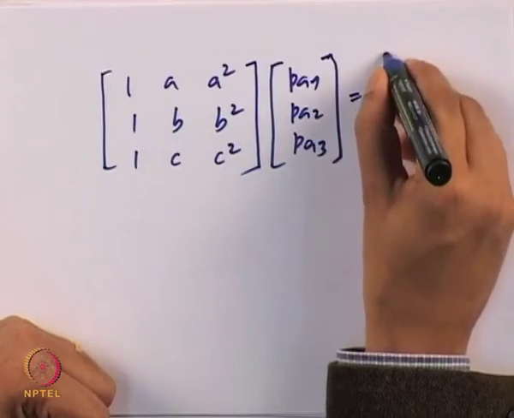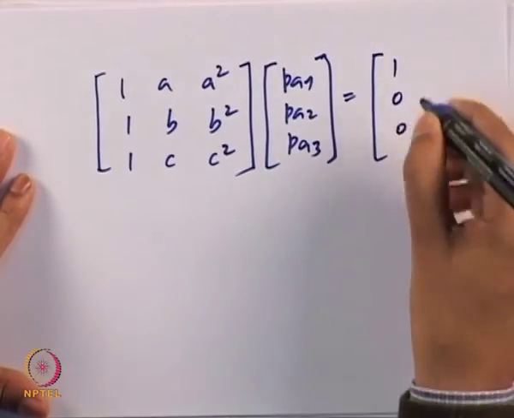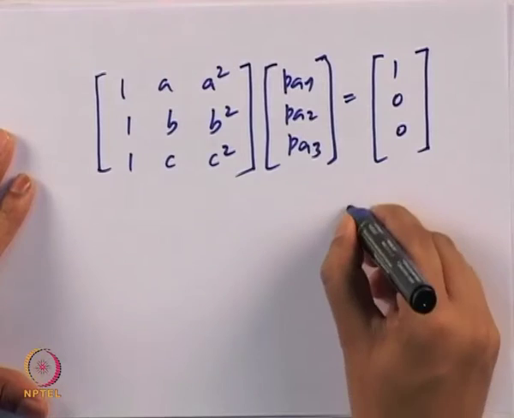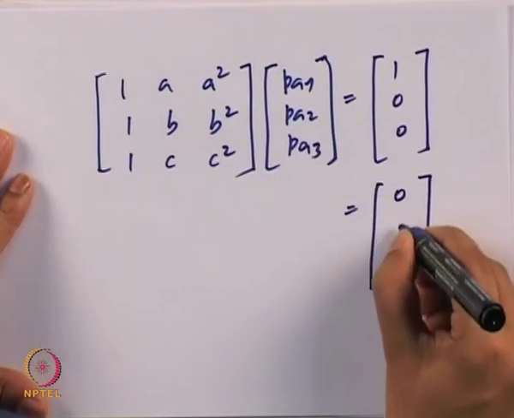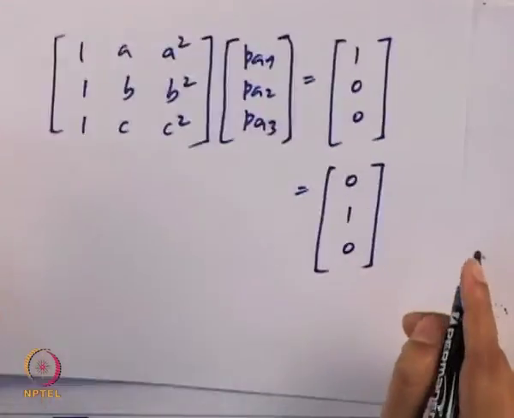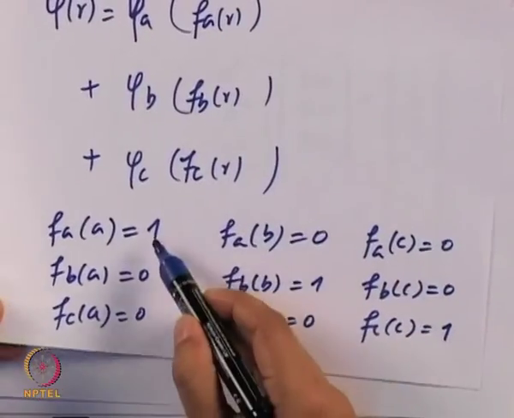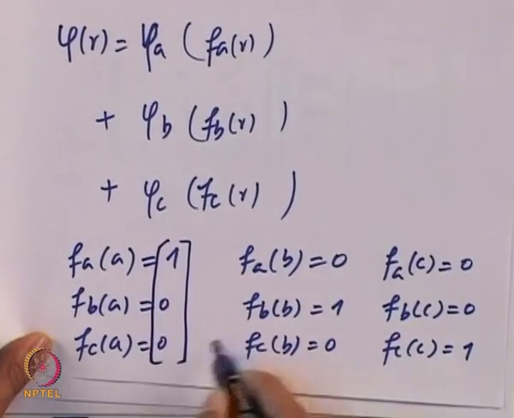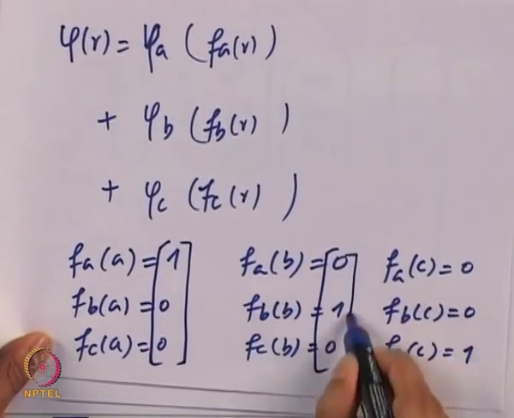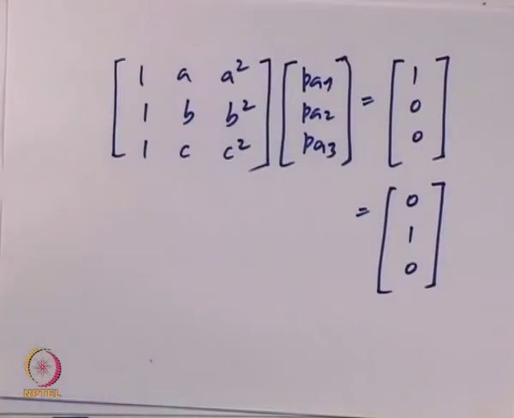This is going to be for the first node. So this is going to be 1 0 0, and for the second one this is going to be 0 1 0 as we have described here. So this is the first right hand side. So the second right hand side will be like this and the third right hand side will be like this, and that is what we are trying to write here.